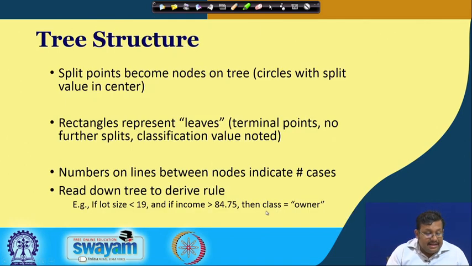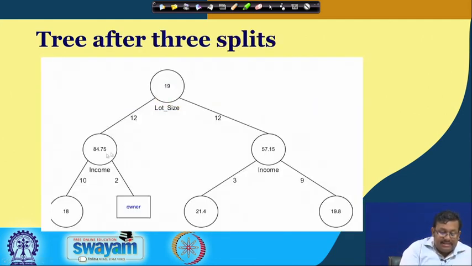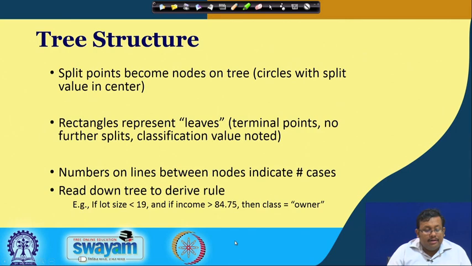In the tree structure, split points become nodes, shown as circles with split values in the center. These are the individual split points from which further splits occur. Rectangles represent the leaves.